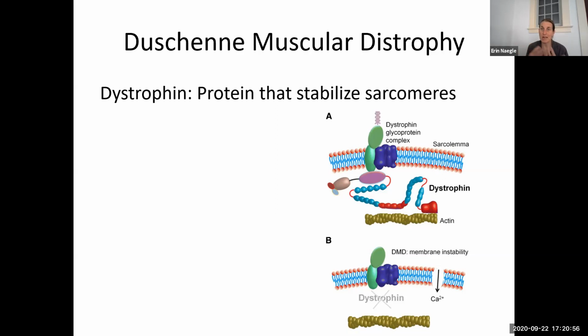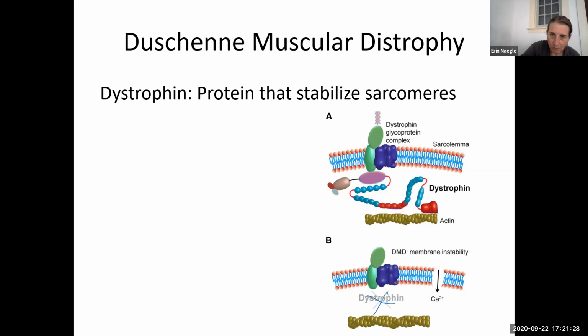If somebody inherits the mutation, or the allele, that causes dystrophin to be misshaped or not to form at all, then the stability of that whole muscle cell is compromised. Because it's pretty delicate tissue, without that reinforcement from the dystrophin on the inside, notice what happens here.